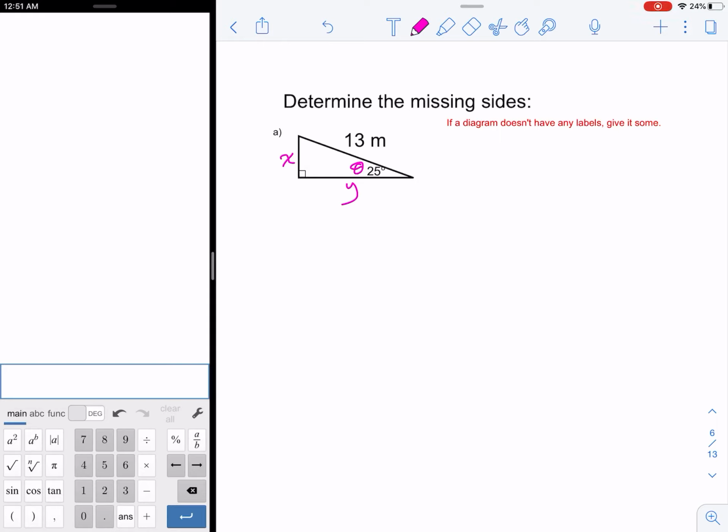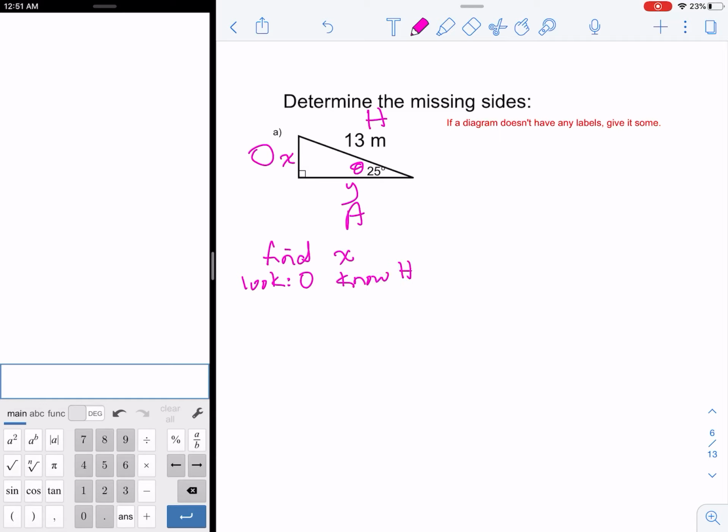Alright, so if this is my reference angle, this is the opposite, this is the adjacent, and this is the hypotenuse. To find X, I'm looking for the opposite, and I know the hypotenuse.